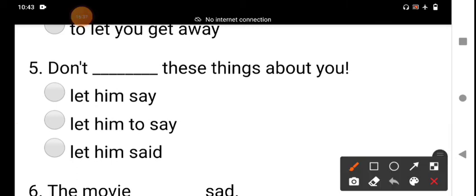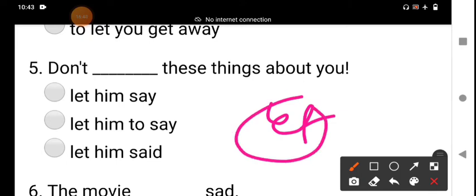Here, don't dash these things about you. This is the let structure. Let means permit or allow to do something, a more formal way of saying let. Here it is a negative sentence, an imperative sentence. It is not an assertive or affirmative sentence.